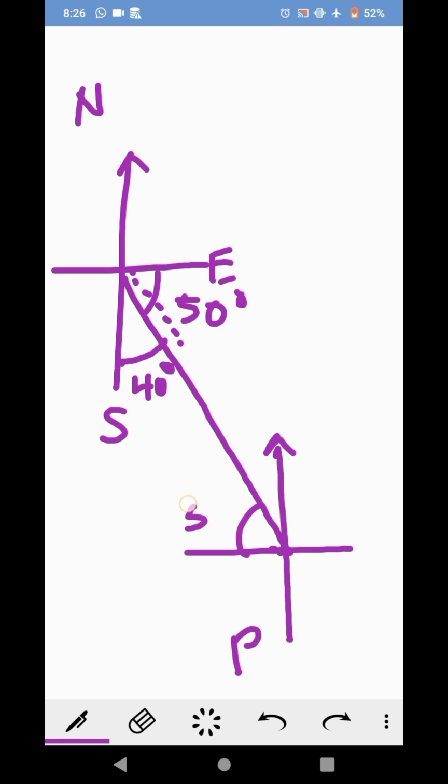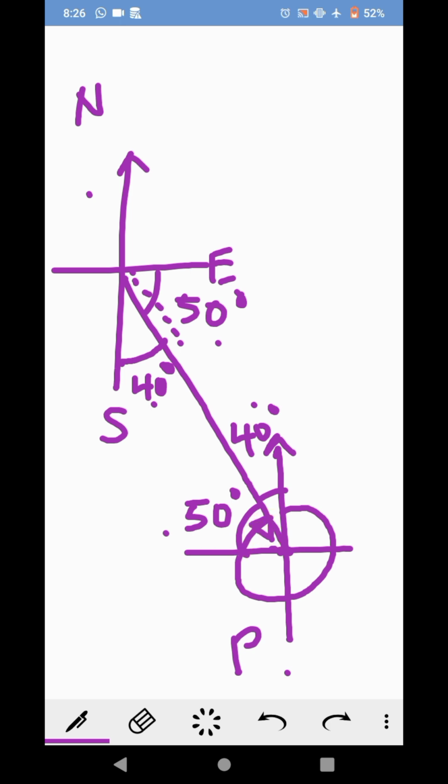Here will be 50 degrees. This angle is alternate to this one. Then here it will be 40 degrees. Of course, this one is alternate to this. Now to locate the bearing of N from P, we rotate in a clockwise direction until we touch that line.